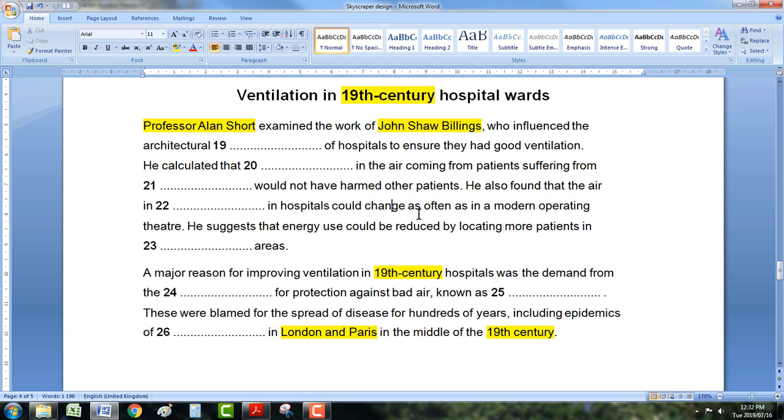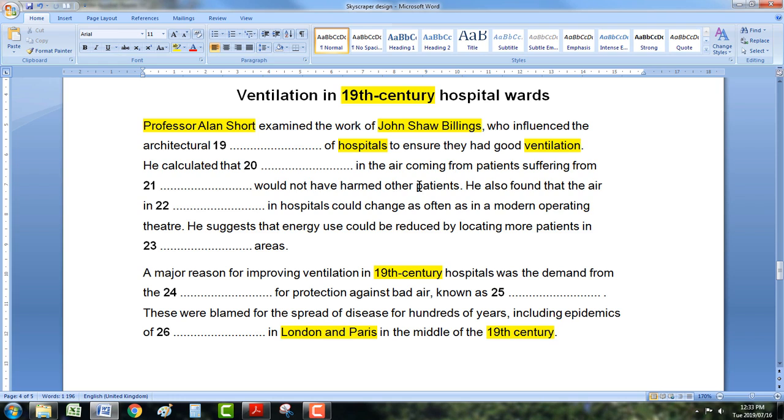Okay, so we need to then look at the keywords in a bit more detail and find as many keywords as we can. So hospitals I think is quite nice. Ventilation, it's these uncommon nouns, they're only going to be talking about ventilation when they're talking about ventilation and nothing else.